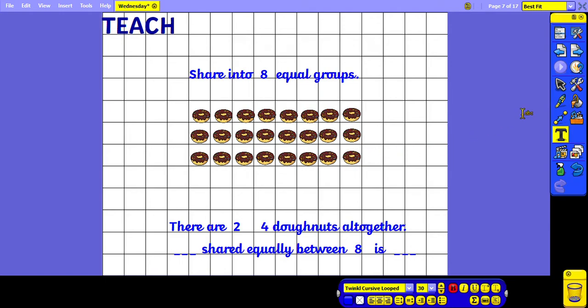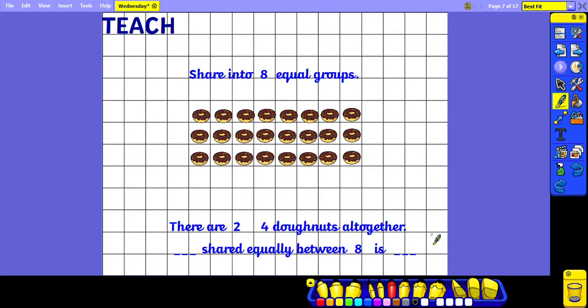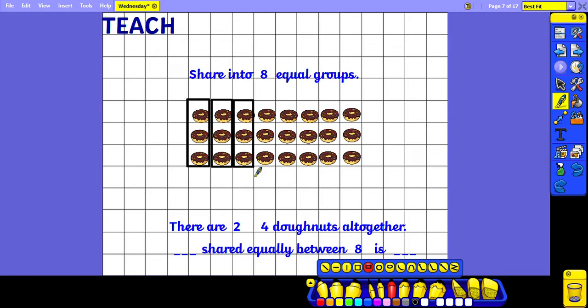So I can use my columns to help me group them. So 1 group, 2, 3, 4, 5, 6, 7 and 8.